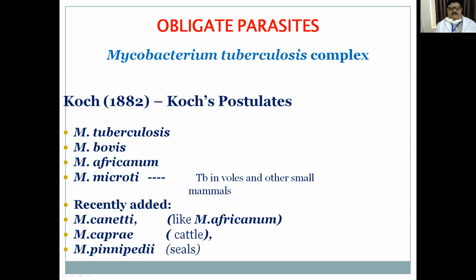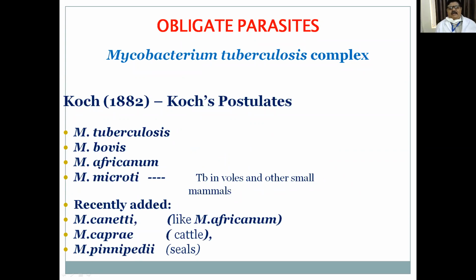So, Mycobacterium tuberculosis complex, that's where it's called. It's not just Mycobacterium tuberculosis only, it's a complex. So, Mycobacterium tuberculosis is the human type. Bovis causes it in cattle. Mycobacterium africanum, microti in voles and other mammals.